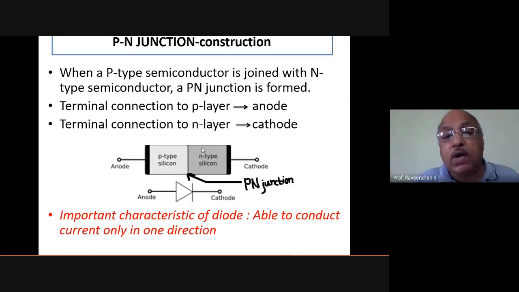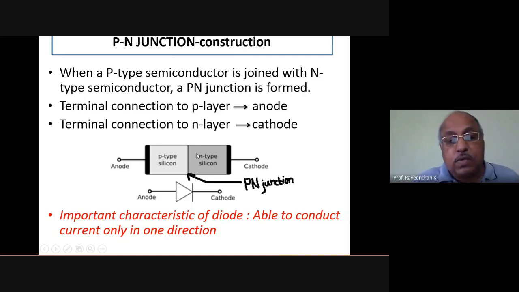The p-n junction diode can conduct current only in one direction. This junction device, the p-n junction diode, can exhibit a particular behavior. What is that behavior? When this junction is subject to a source of EMF, then depending upon the connections given to the p-n junction device, the device may either conduct the current or may not conduct the current.